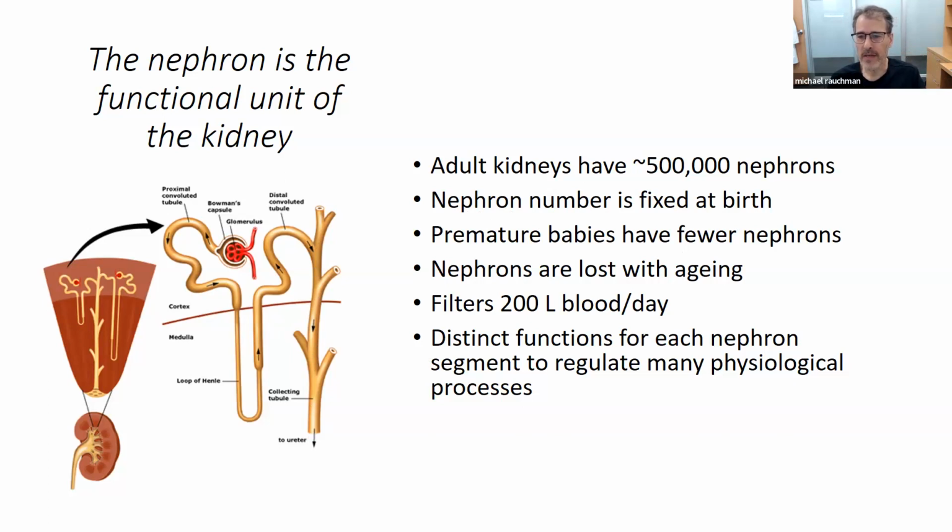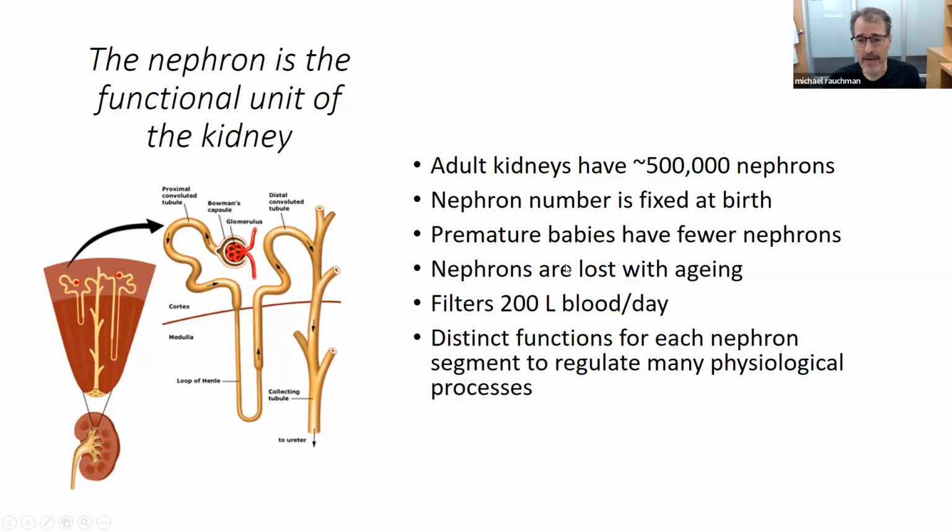So you can imagine that if a baby, for example, is born prematurely, which can happen for a lot of reasons, including related to syndromes like ASXL-related disorders, they will not have made the normal number of nephrons, and that in and of itself can be a risk factor for chronic kidney disease later in life, particularly because as we age, we lose nephrons.